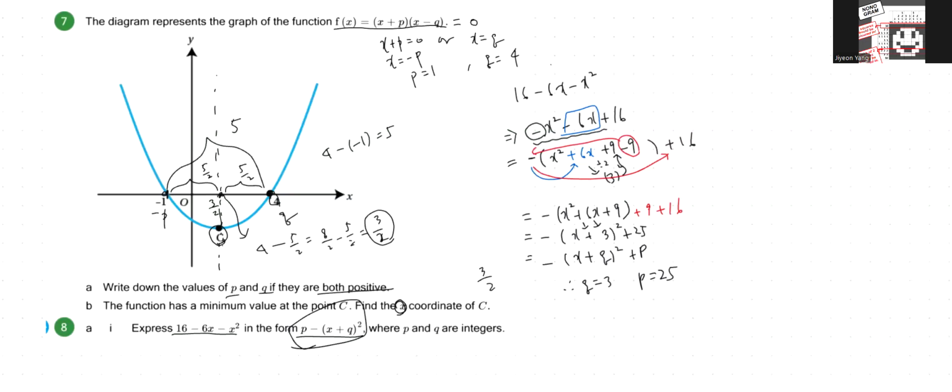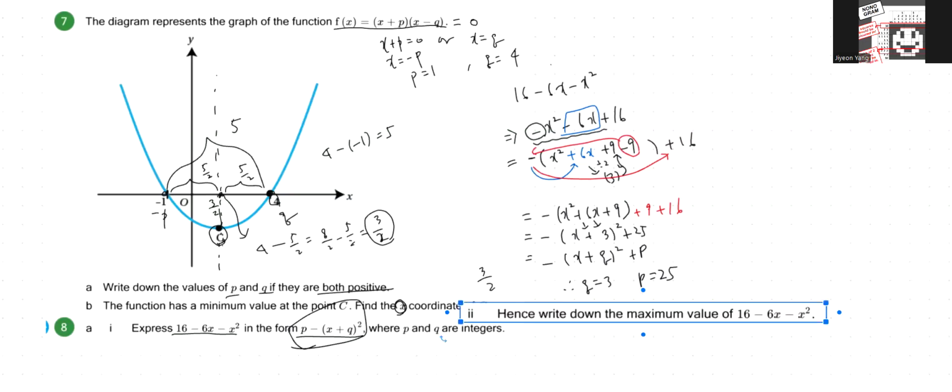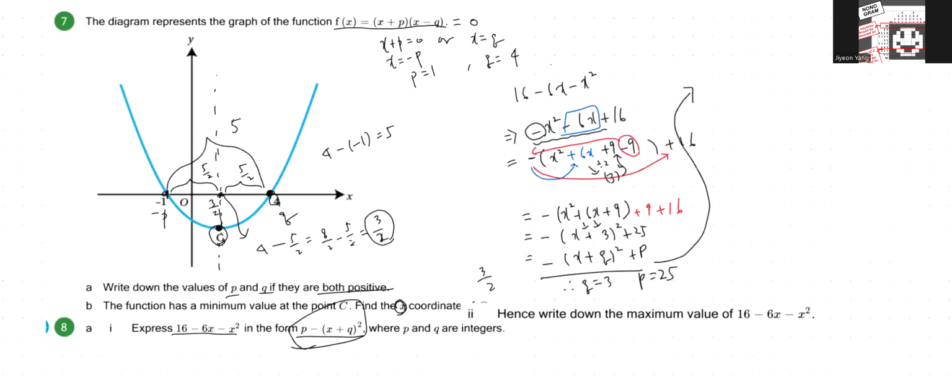And then the second question of this one is, hence write down the maximum value of this one. Okay, so let's start from here. Since y equals minus (x plus 3) squared plus 25, we can write negative 3 comma 25 as its vertex.